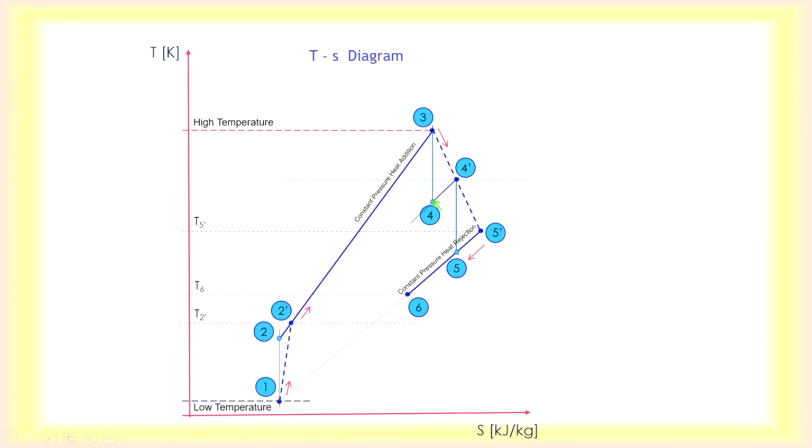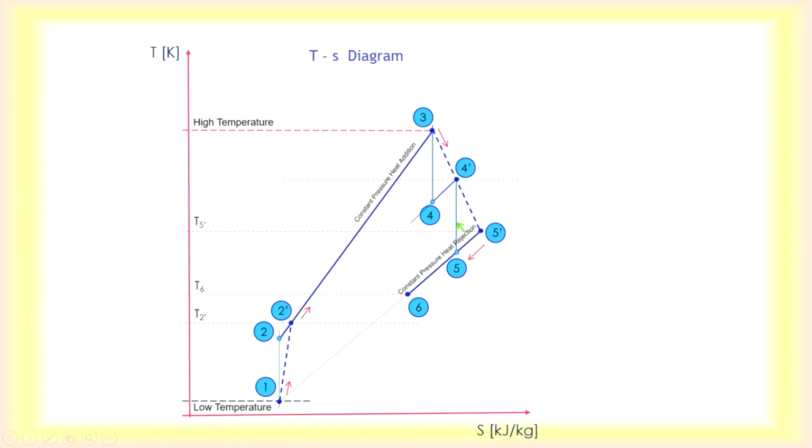Then from 3 to 4, this is your isentropic expansion. Then due to irreversibilities, you have 3 to 4 prime. Then we continue from 4 prime, not from 4, to 5 for the actual gas turbine cycle.